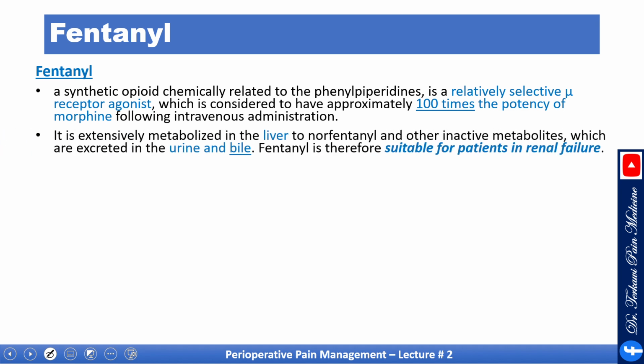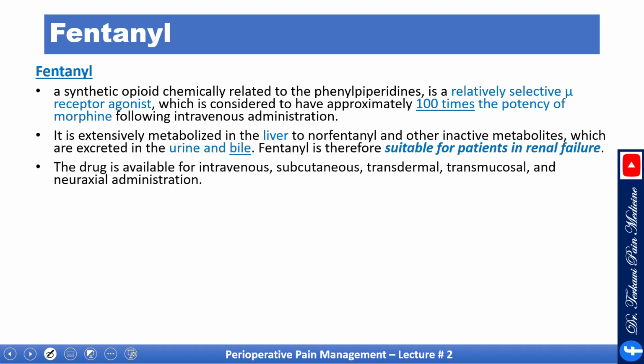It is extensively metabolized in the liver to norfentanyl and other inactive metabolites, which are excreted in the urine and bile. So fentanyl is therefore suitable for patients with renal failure. The drug is available for IV, subcutaneous, transdermal, transmucosal, etc., neuroaxial.